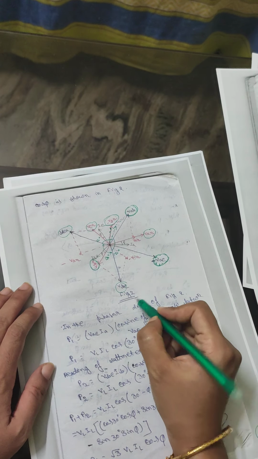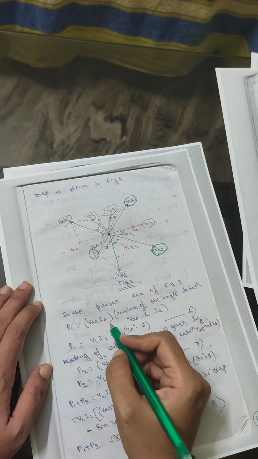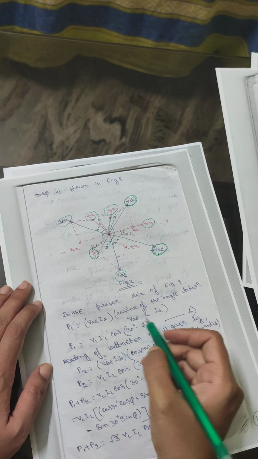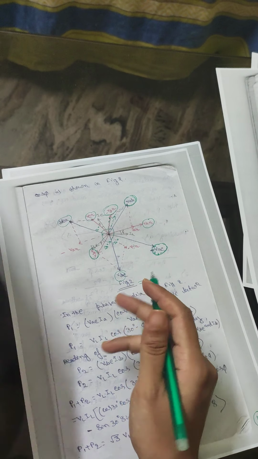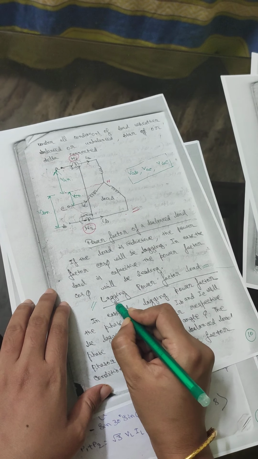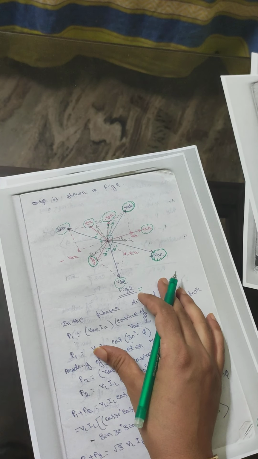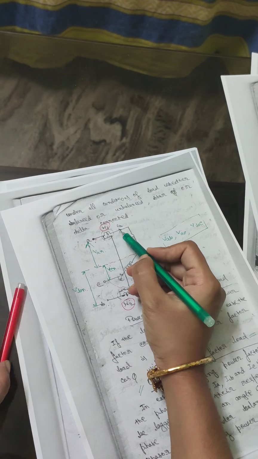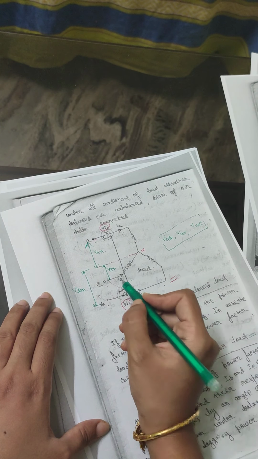But here, if we consider that phasor diagram, P1 equals VAC into IA, cosine of the angle between VAC and IA. One thing is that here I have considered a lagging power factor as the load. Lagging power factor means the current is lagging in nature. Three currents are there, IA, here IB, and here IC.